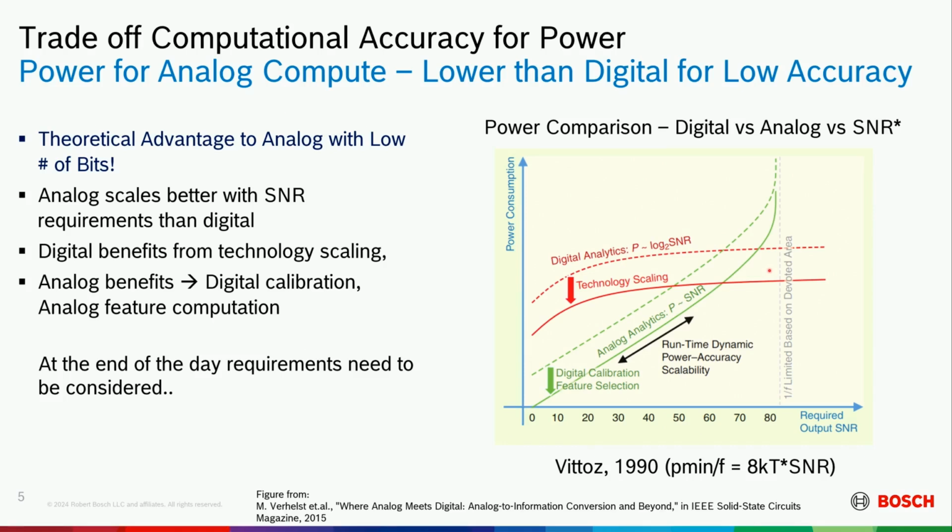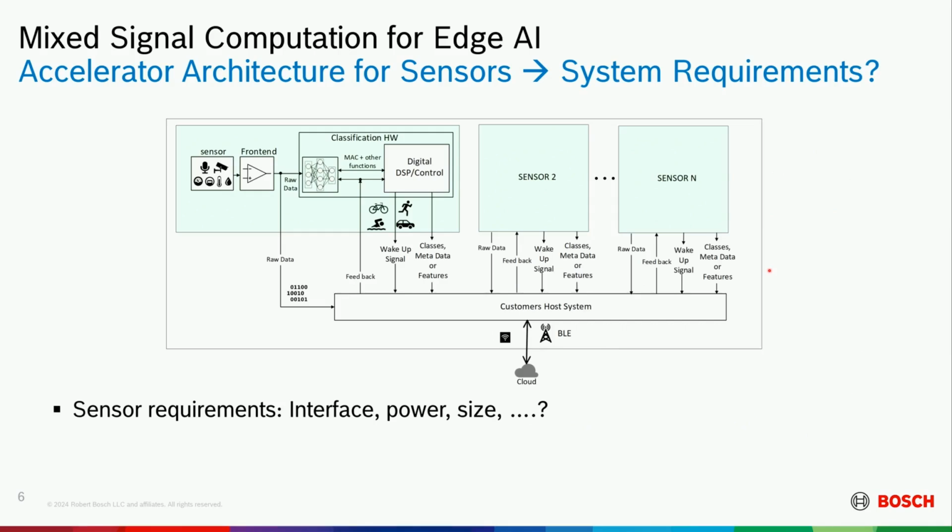Anyway, there is that challenge, and I just want to show a sensor architecture. This could be autonomous driving, just a very hypothetical architecture, where you have multiple sensors that are fused together with a whole system. They may be doing classification on individual sensors themselves, however you want, but at the end of the day, they may also be transmitting high fidelity data to the host system, and then they're not doing classification there.